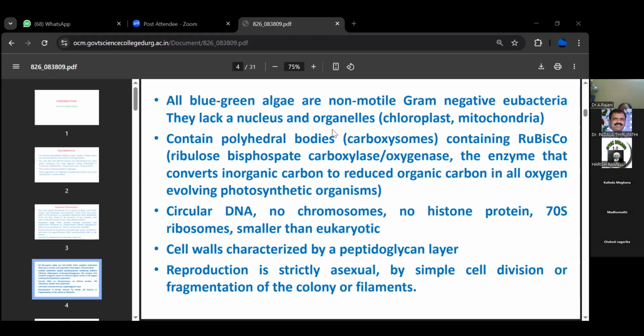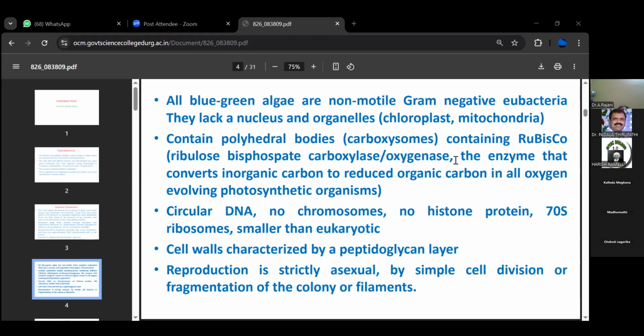And they contain carboxysomes with the Rubisco enzyme. Rubisco, you can study in detail at photosynthesis time, but I'll explain here. Rubisco is one type of enzyme. In the total earth, the most abundant enzyme is Rubisco. A high amount of protein is also present in this enzyme.